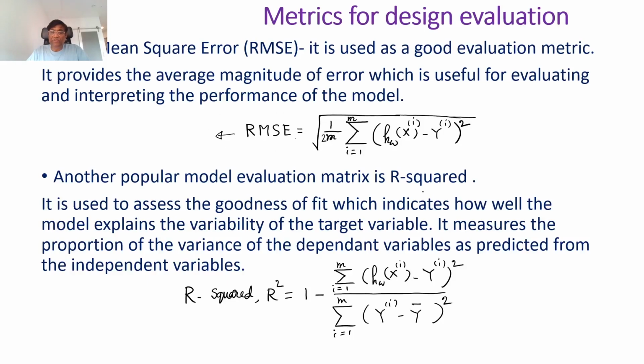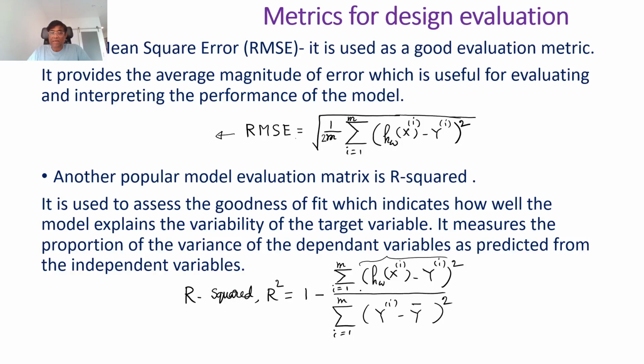Another popular model evaluation metric is called R square. So you see what it is doing, it is making a proportionate explanation. It is giving that this is your predicted value, this is your actual value.